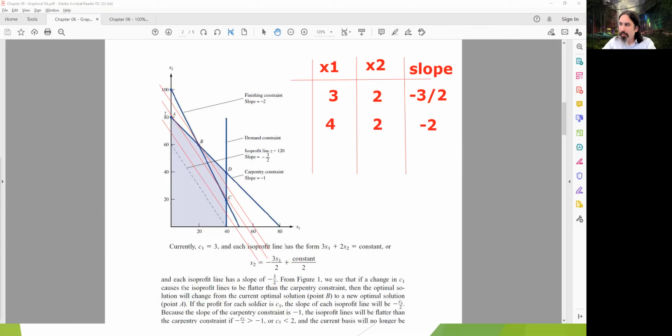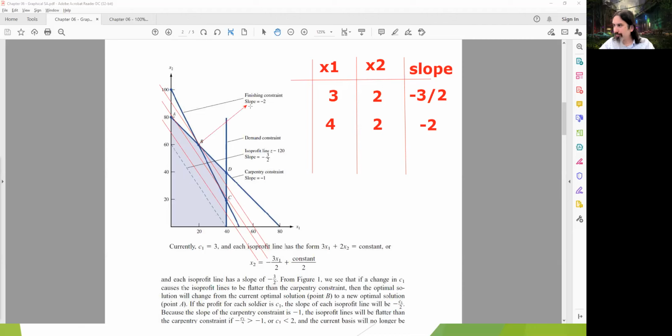Because the objective function slope has to be between the slopes of its two binding constraints. This is very confusing, I know, but take a look over here.